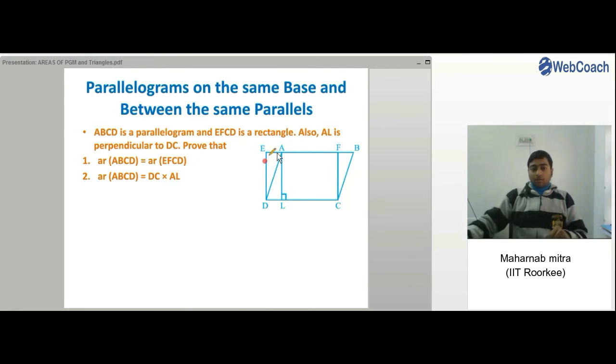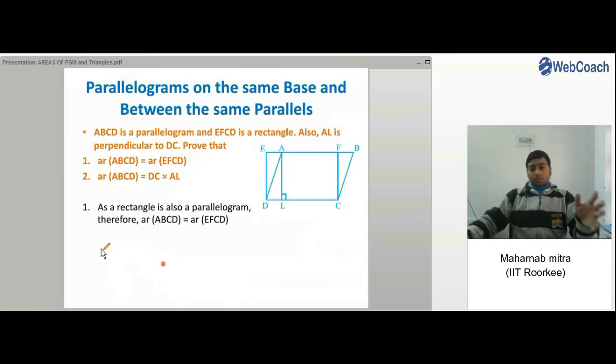ABCD is a parallelogram, EFCD is a rectangle. So as the rectangle is also a parallelogram and both of them lie between the same parallels and are on the same base, you can see both of them are on the same base DC, and both of them lie between the same parallels, EB parallel to DC, right?